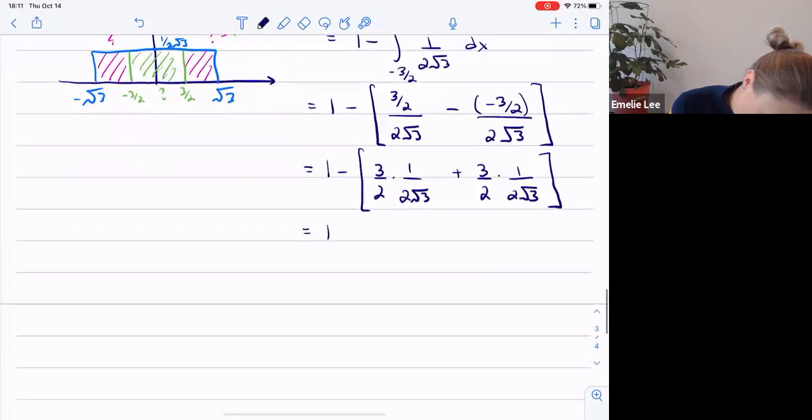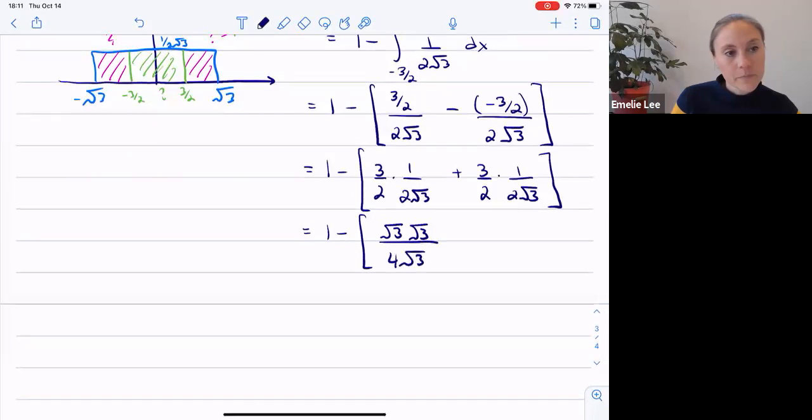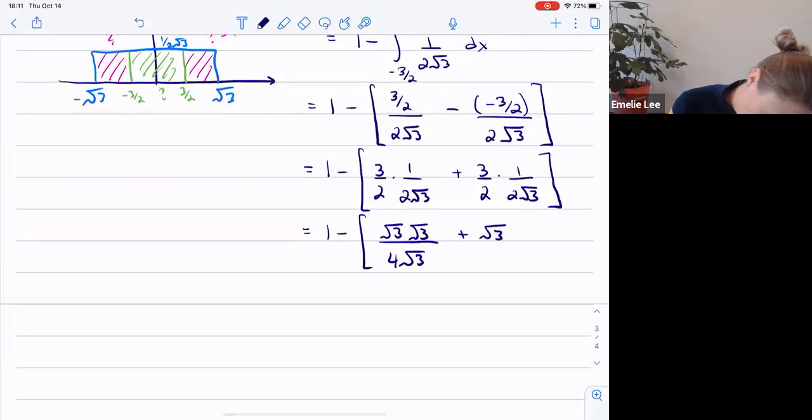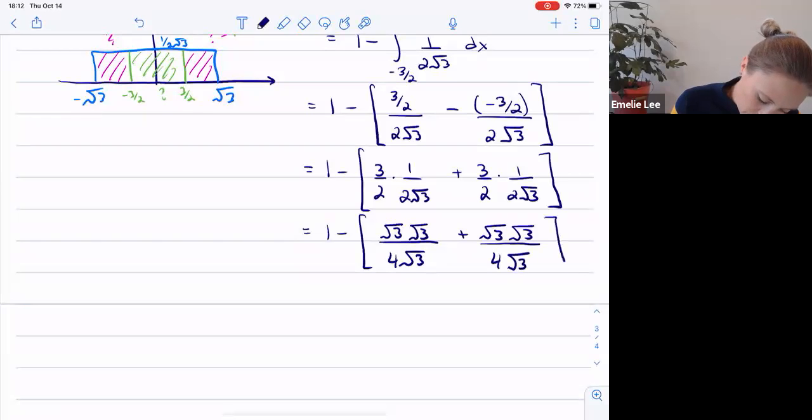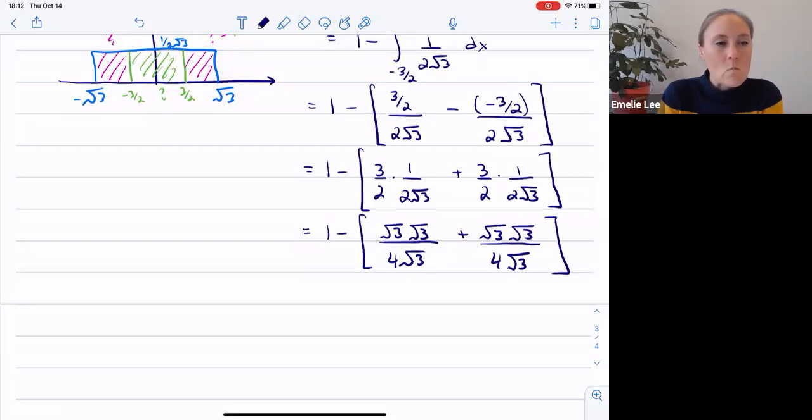So here I get 1 minus root 3 times root 3 over 4 root 3 plus, I'm going to do the same thing on the other one, root 3 times root 3, 2 times 2, that's where the 4 came from, 4 times root 3.